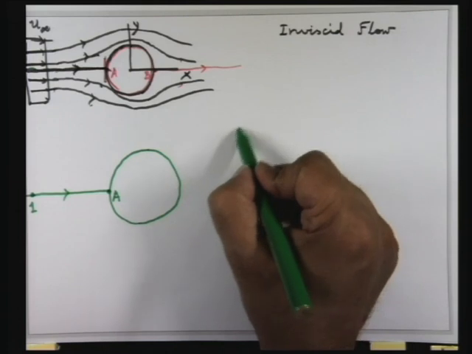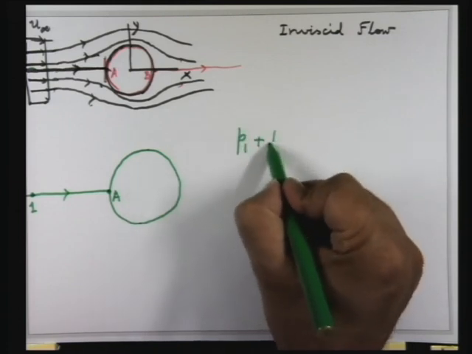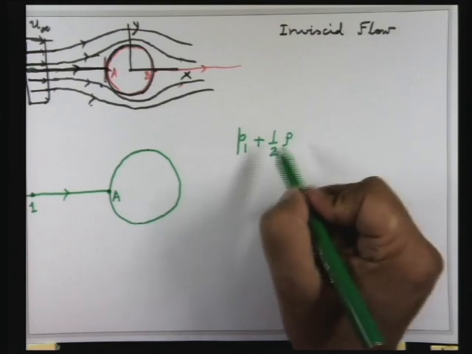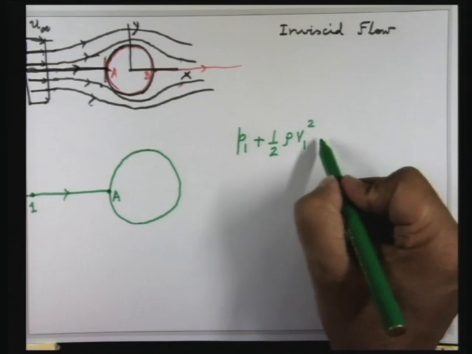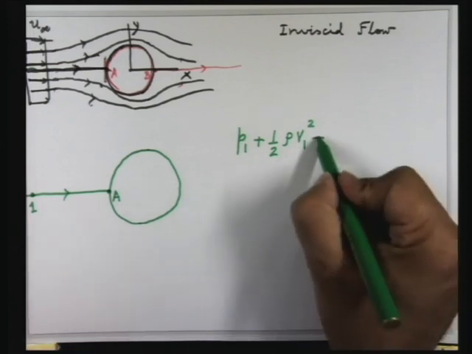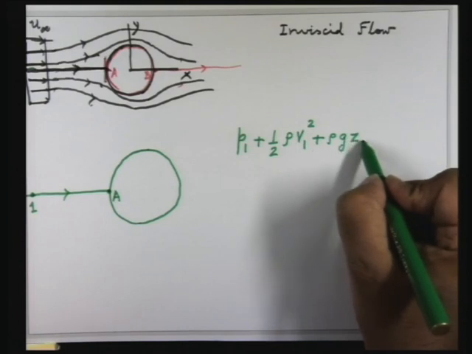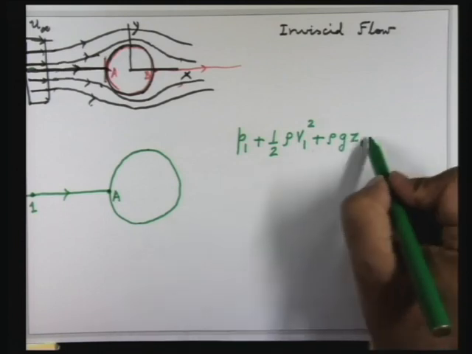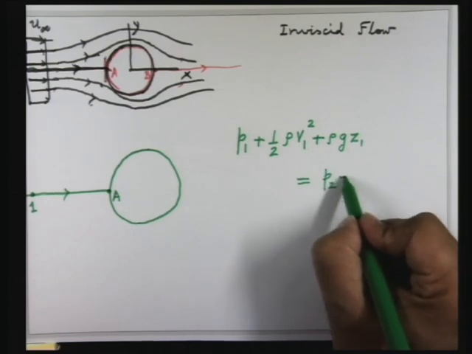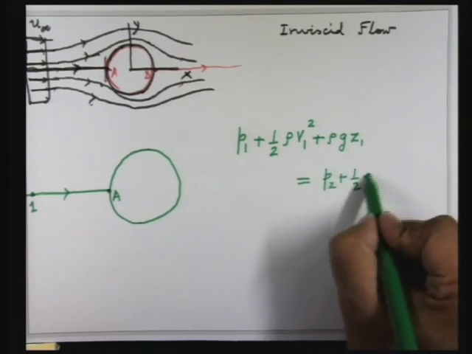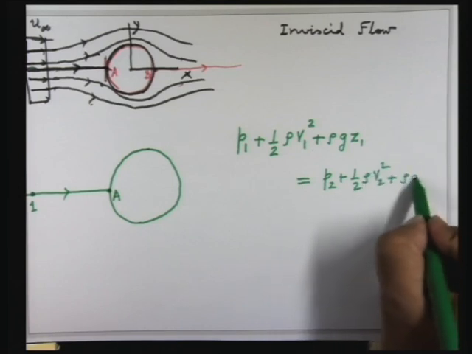So here you are going to have P1 plus half, now we are taking rho to be constant, rho V1 squared, plus rho g Z1, equal to P2 plus half rho V2 squared plus rho g Z2.